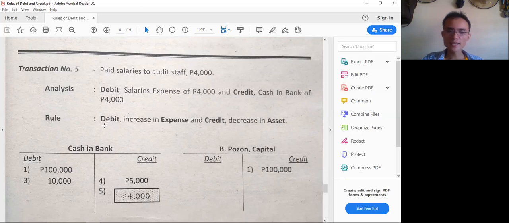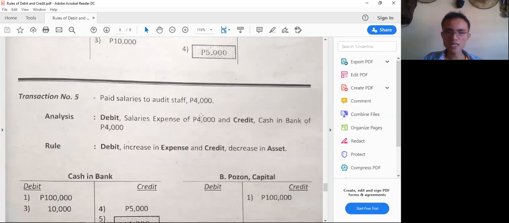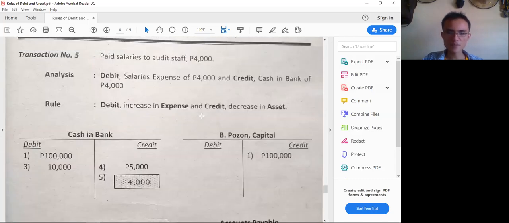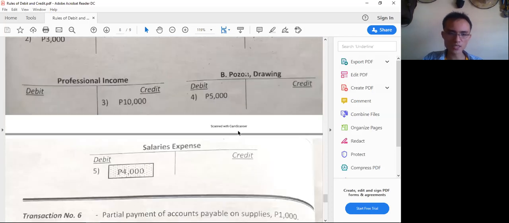And that's why the debit is increase in expense and credit is decrease in asset. So this is how it is being done. Debit expense is increase. When we credit asset, that is cash in bank, it will decrease. Again, disregard the T accounts.